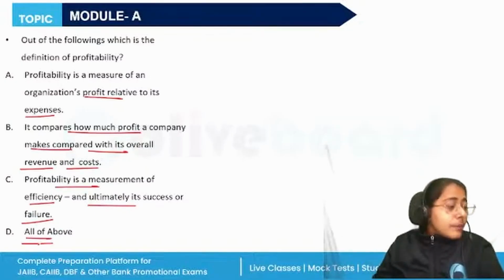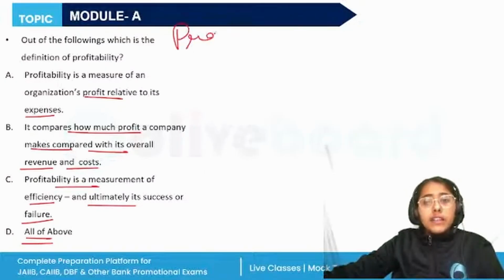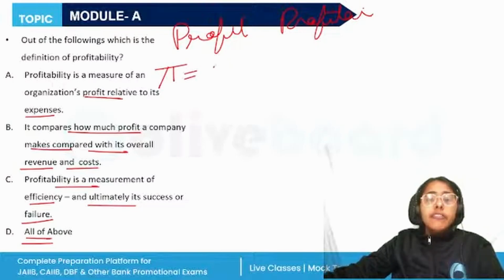So here you should be very clear about the difference between profit and profitability. Profit, in general terms, we refer to as the money which is left after taking out the expenses. So the total revenue minus total expenditure will be our profit.